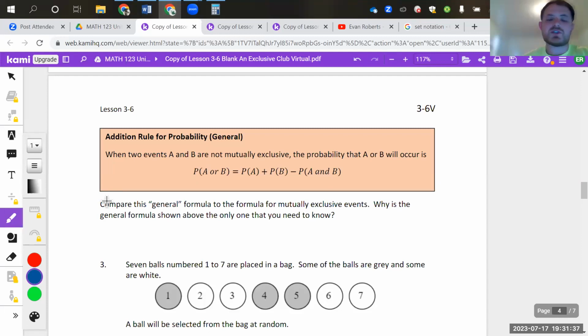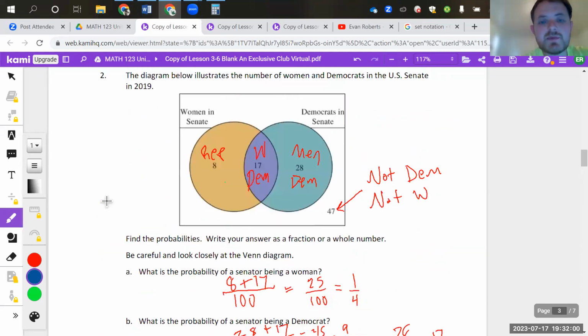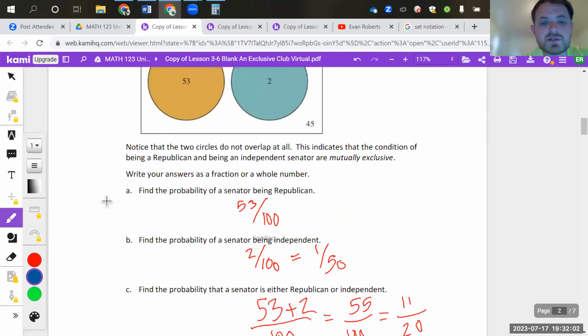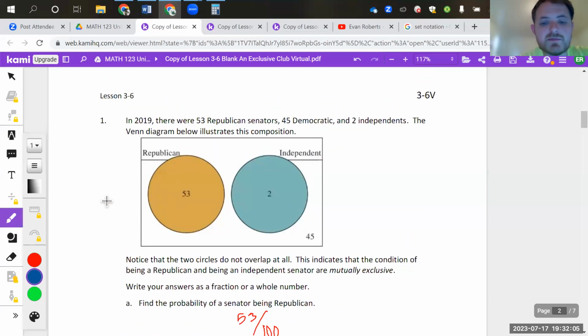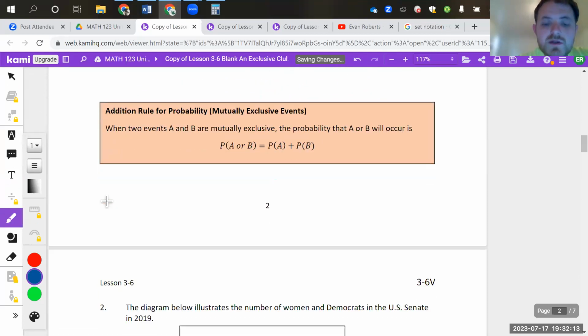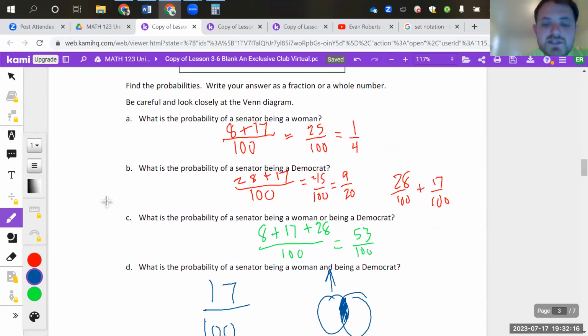Essentially, don't get too tripped up by the formula, but the reason why this general formula is different from the one before is because when you have the mutually exclusive, there's no overlap. So one more time, notice for the mutually exclusive, there is no overlap. So when there is overlap, you have this weird situation where you have to subtract out.